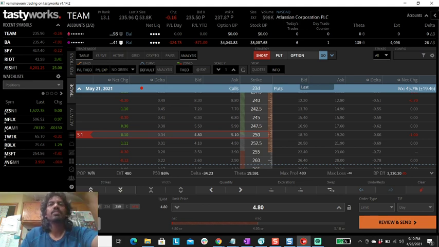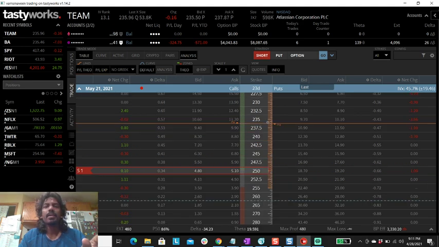So for an option seller, the loss potential could be infinity. However, they can mitigate the loss by buying an out of the money call option along with this option.